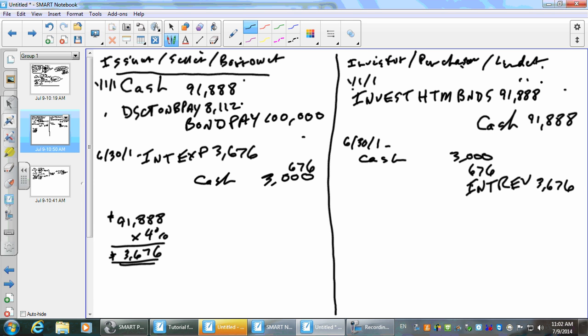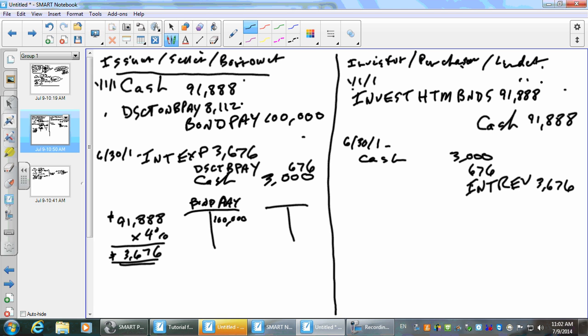Okay, what's the deal? This $8,112 discount has to be amortized over the 10 payments. It's a debit balance. How do you get rid of it? Credit discount on bonds payable. There it goes. So let's see what we've got here. I have a bond payable with 100,000 credit in it.